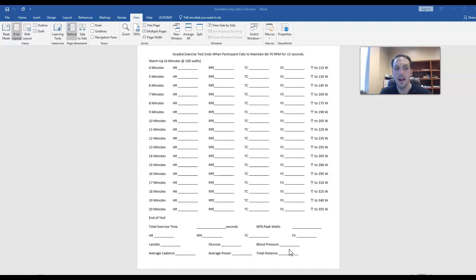So within our IRB, we identified these as things that we would like to analyze. But at the same point in time, during your pilot testing, there might be some other things that you identify that are already being recorded and you're getting data from that doesn't require any additional effort or additional things from the subject.